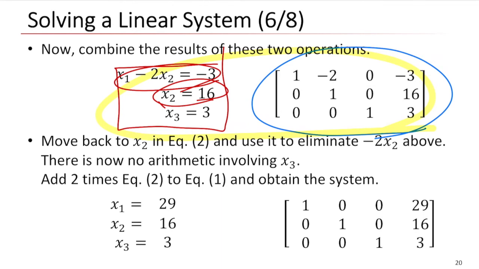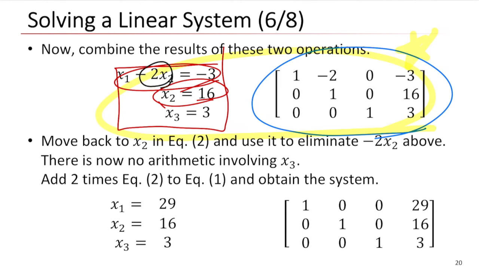Still, those linear systems have the same solution set. It means that they are equivalent, right? So if we find the solution from this linear system, it will be the solution of the original linear system, right?